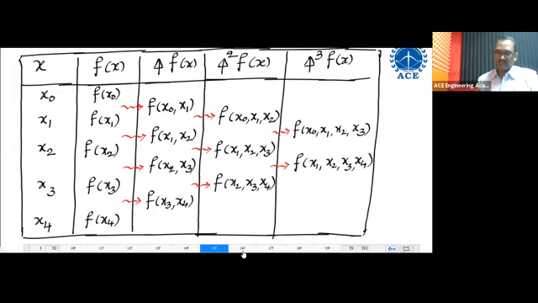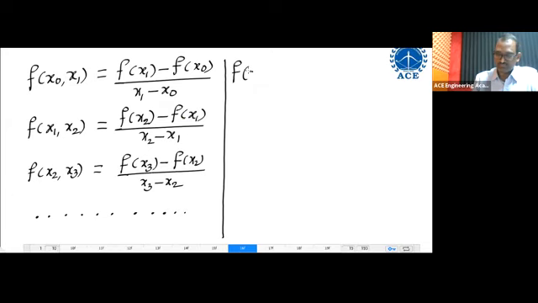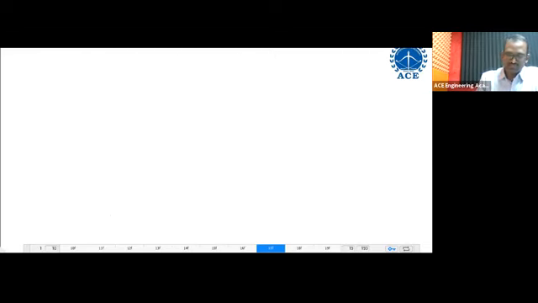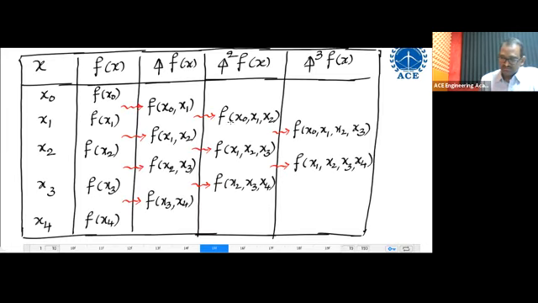Now let us write this value f of x0 comma x1 comma x2. Second order divided difference value f of x0 comma x1 comma x2. Okay, I'll write in the next page. F of x0 comma x1 comma x2. So this value lies between these two.